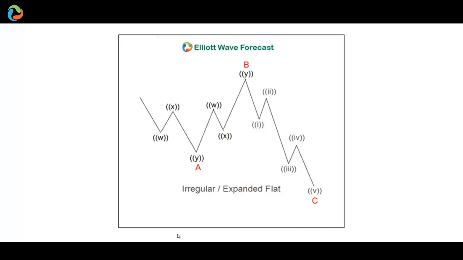Why? Because if you look right here, this is a bullish expanded flat. The market comes from here, does a 3-wave pullback, 3 waves higher, and then makes a strong reaction lower that encourages the sellers.